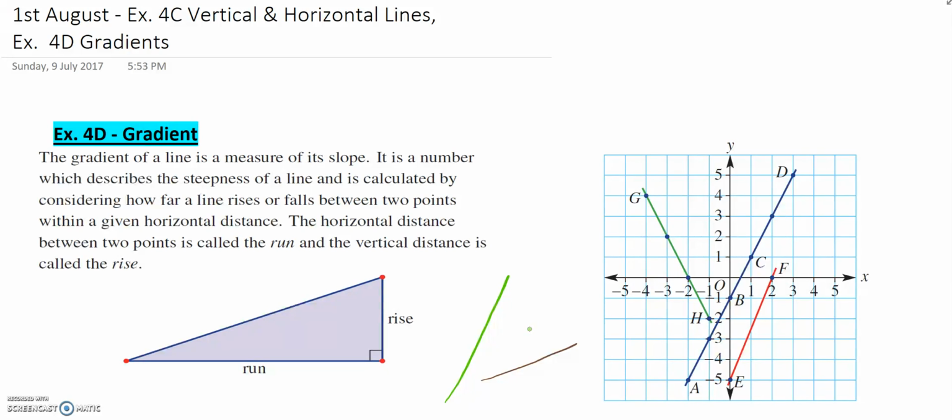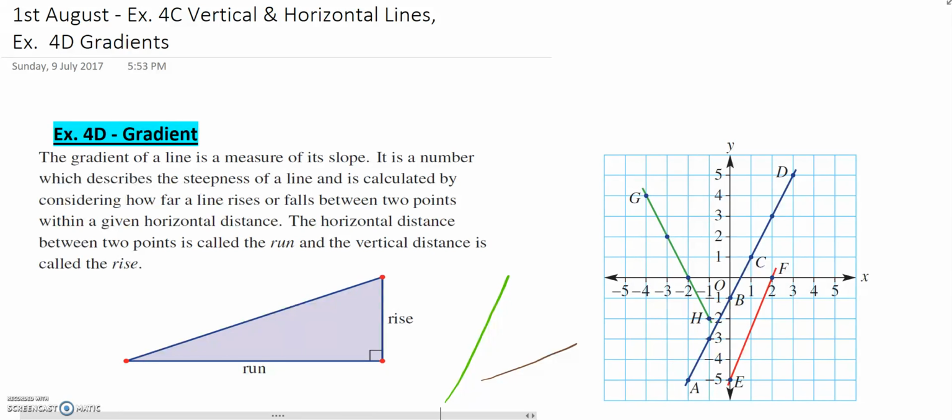Now, what we need to think about is which number will be greater: the number that represents the green line's steepness, or the number that represents the brown line's slope? So think about it, and let's see how we can work out the gradient of a line and how the number represents how steep it is.